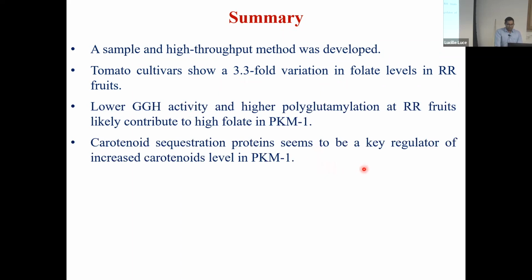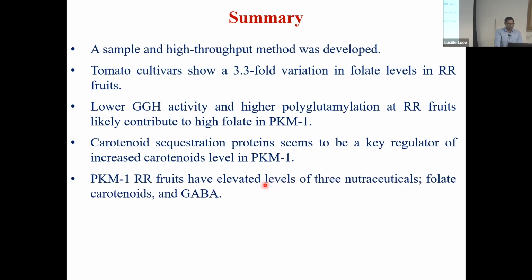Carotenoid sequestration proteins seem to be key regulators of the increased carotenoid level in PKM1. And PKM1 fruit have elevated levels of three nutraceuticals: folate, carotenoid, and GABA. Recently, Japan has launched a genome-edited tomato which is very rich in GABA. So we also got a similar kind of result.